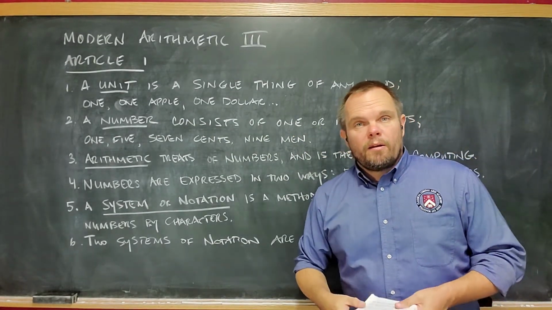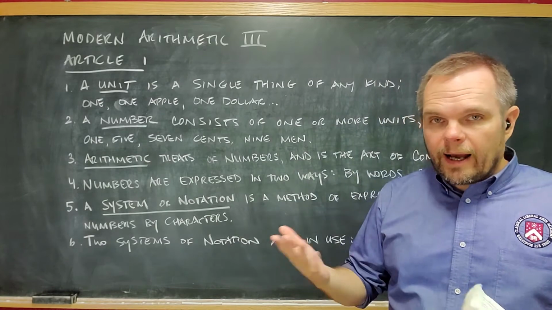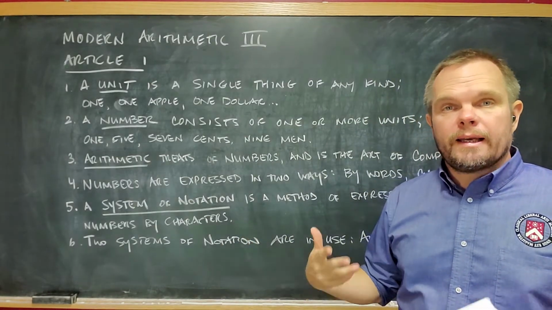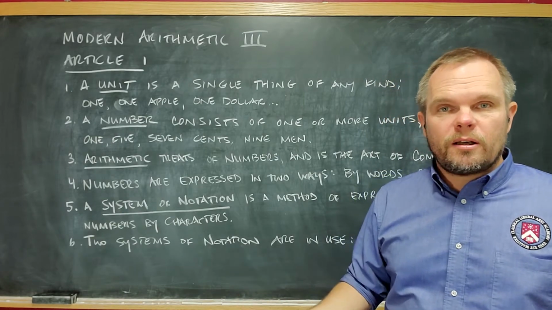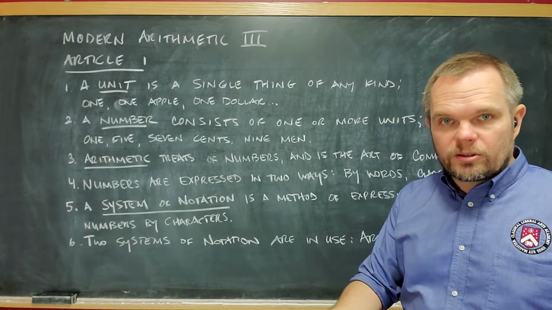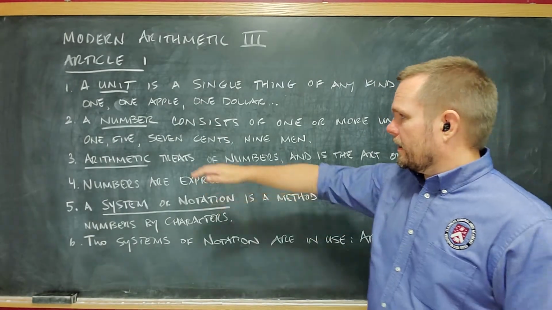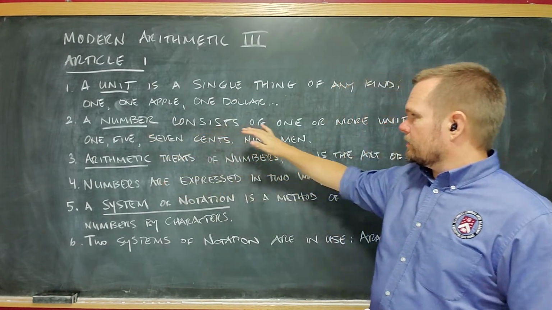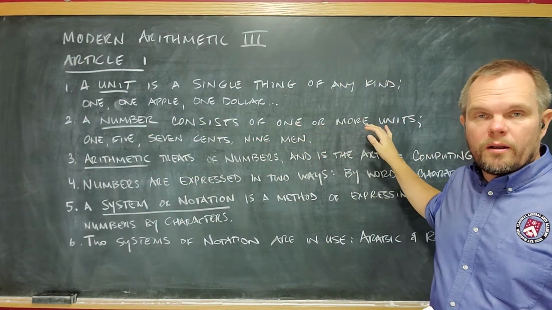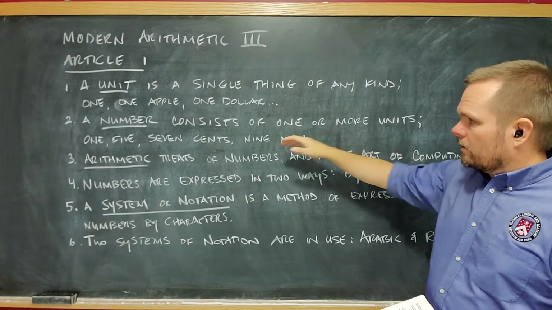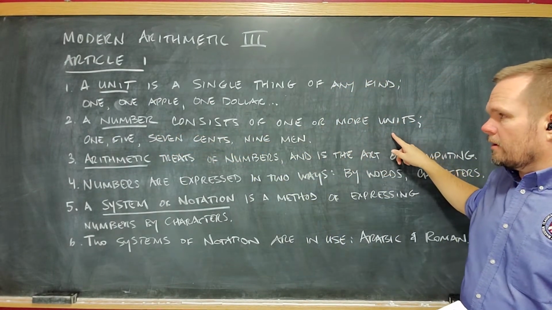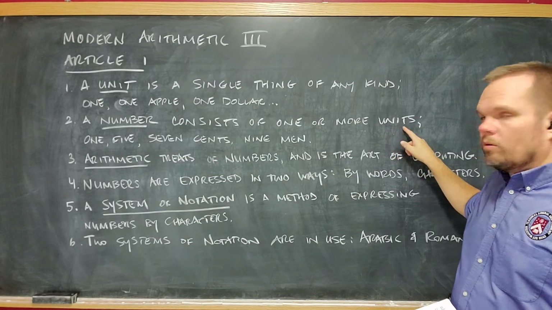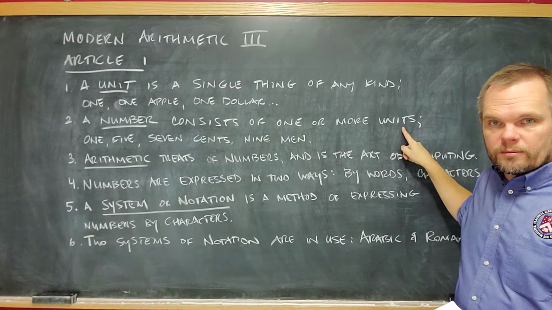So if we ask the question, how many are there? The answer will be a number. We're asking how many units are there? The answer is a number. A number consists of one or more units. Notice that this definition requires you to know what a unit is first.